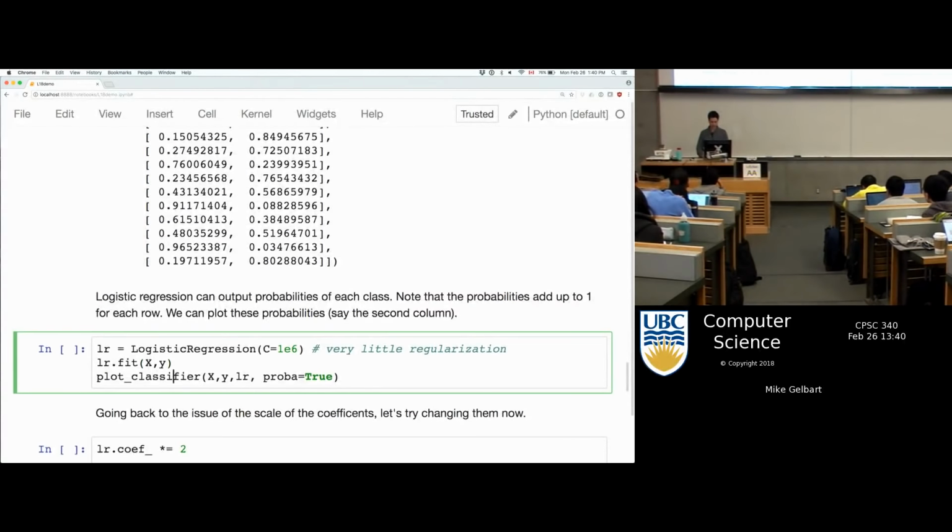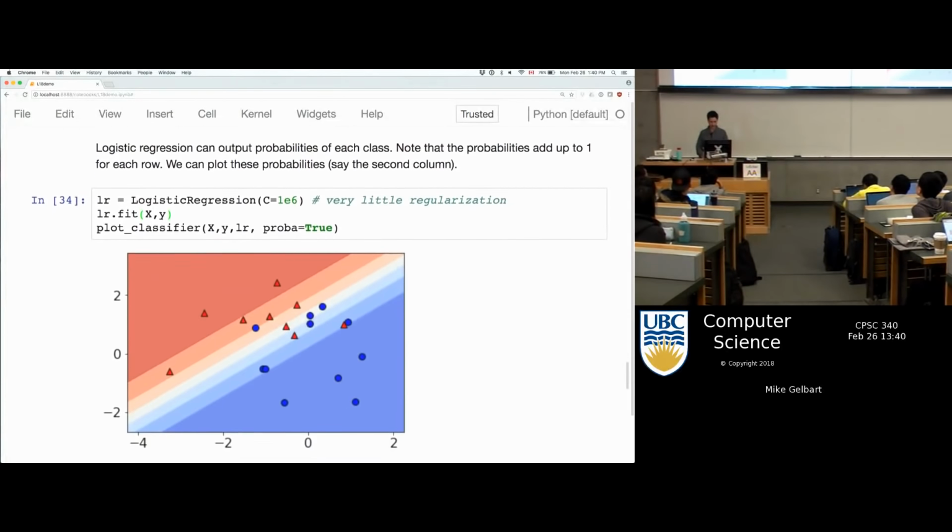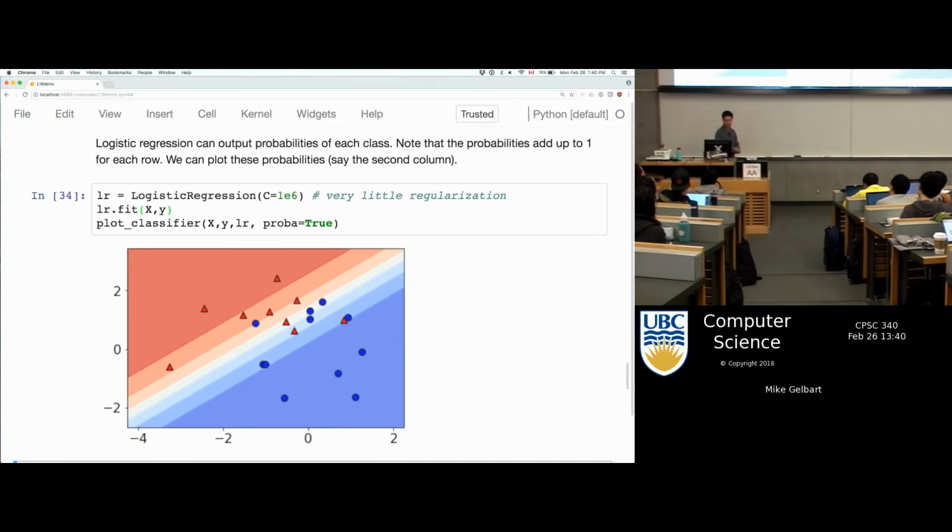Okay, so in my plot classifier function, I added a flag there. It's roughly the exact same code, except I swapped out predict with predict proba, and then I make the same picture. This is a contour plot. I guess this isn't my latest version of plot classifier, but it doesn't matter. It gets the job done.